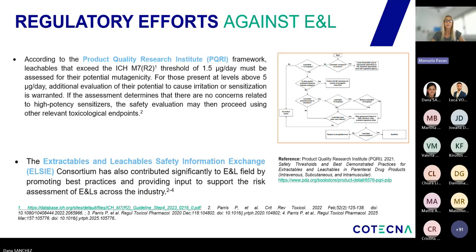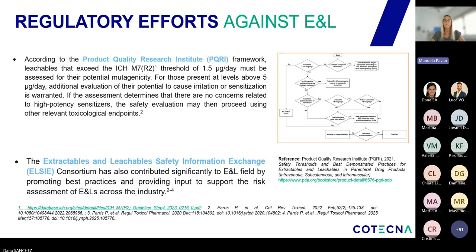In the absence of a dedicated regulatory framework, best practices have been proposed by organizations like the Product Quality Research Institute and the LC Consortium. For example, the PQRI proposed a workflow for parenteral drugs that sets safety limits based on mutagenicity and sensitization potential.